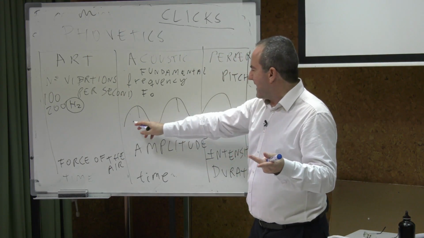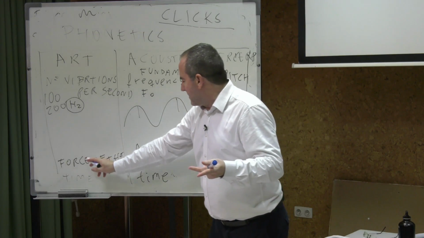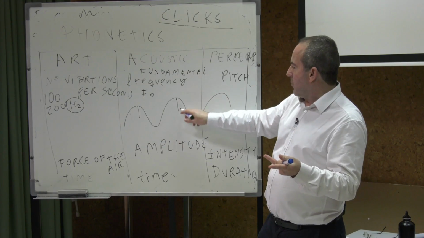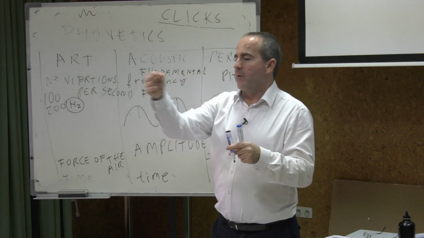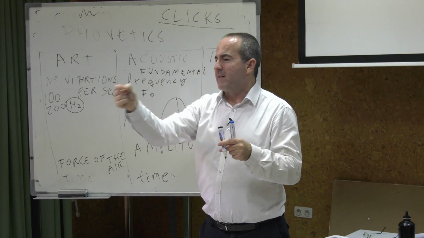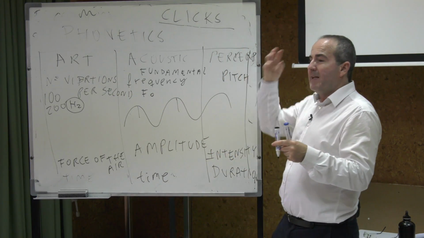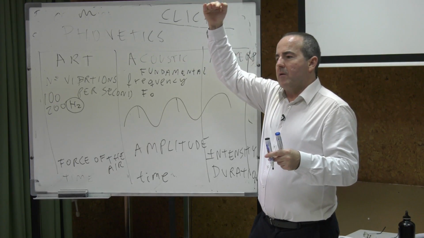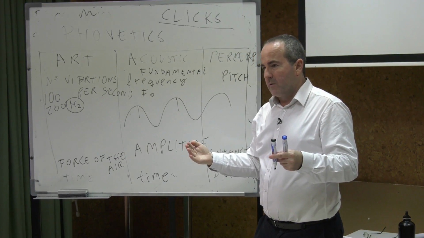Okay, you understand this? And so it depends on the force of the air. We are going to have a different amplitude of the sound wave, of this vibration, of this displacement of the particles of air, and that's going to be perceived in the brain with higher or lower intensity of sound. Okay?